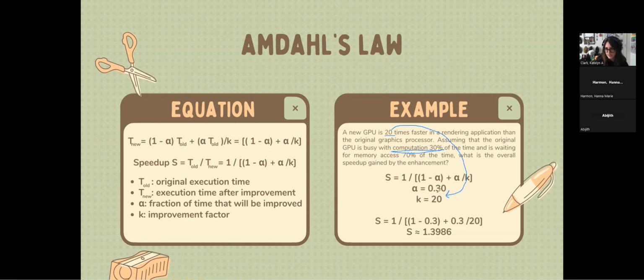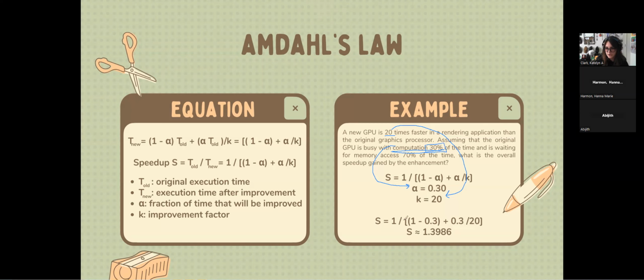And the fraction of time that will be improved is this 30% that you're doing computation. If you are doing something else besides getting things computed, for example waiting for memory access, that is not improvement of time working. That's how you can differentiate which number goes there. It's the time that it's actually spent working.